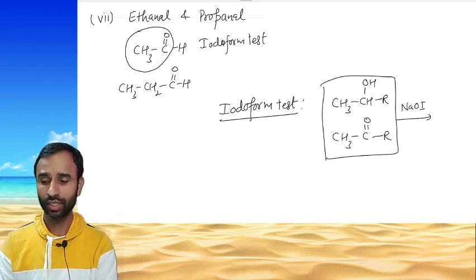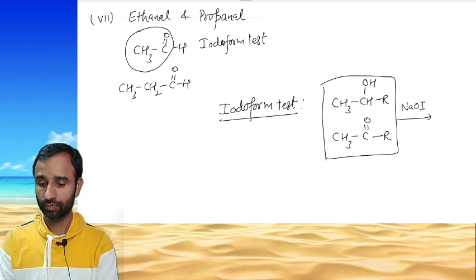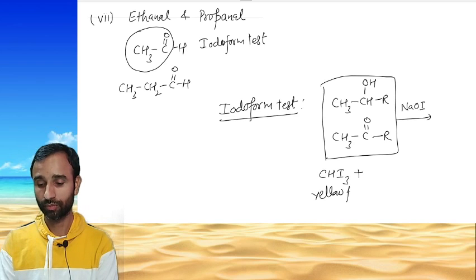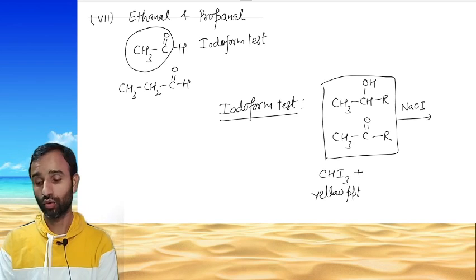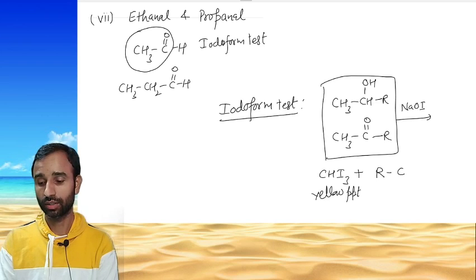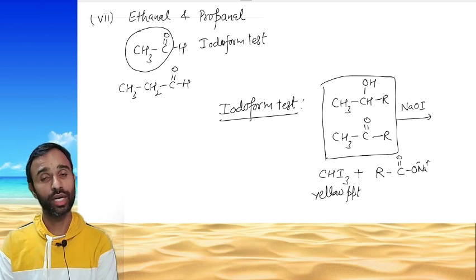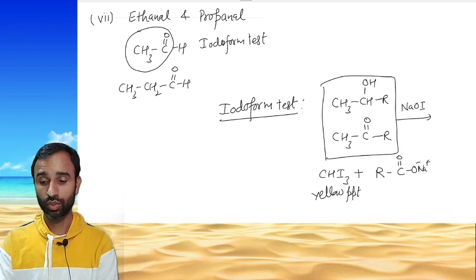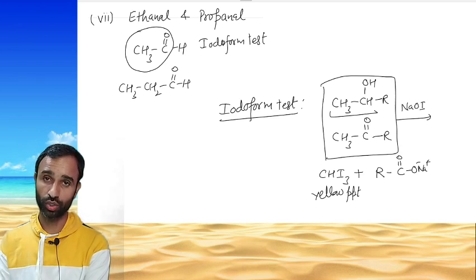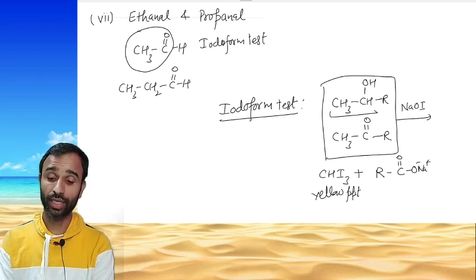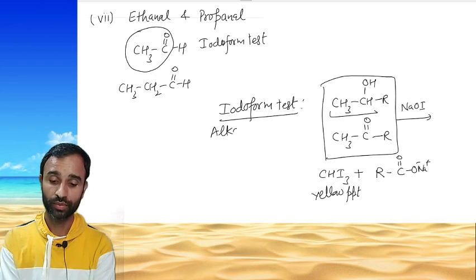So we get iodoform, a yellow ppt of iodoform, along with RCOONa, whether it is an alcohol, aldehyde or ketone. It should be a secondary alcohol actually.